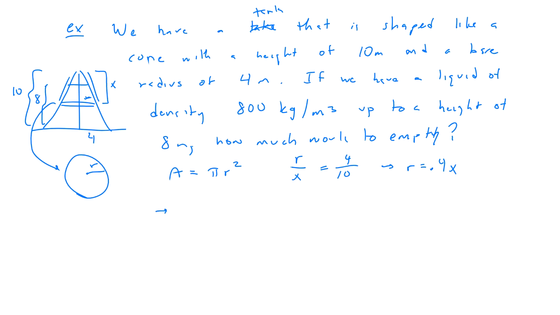So the area is equal to pi times 0.4x squared. And the force is that, so 0.16 pi x squared times the density as in the last one. In this case, I also have to multiply by what?